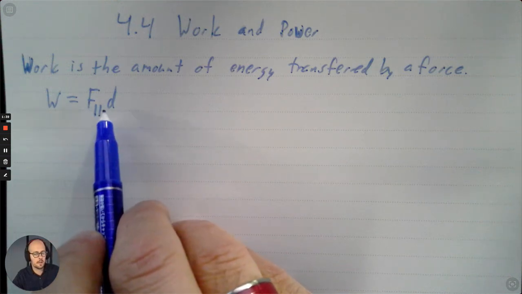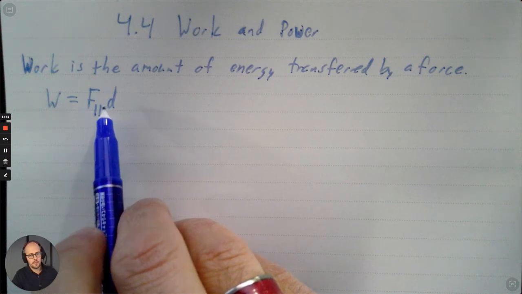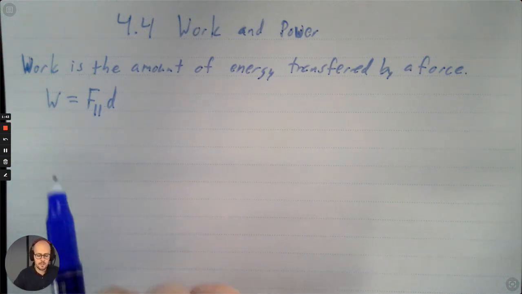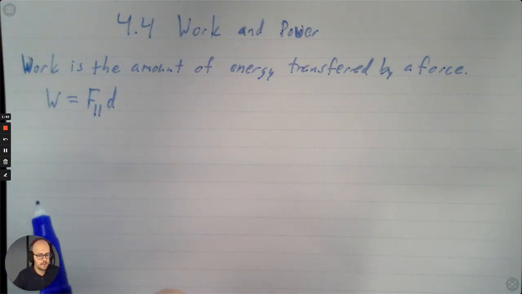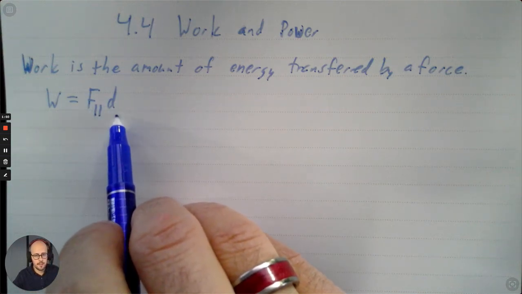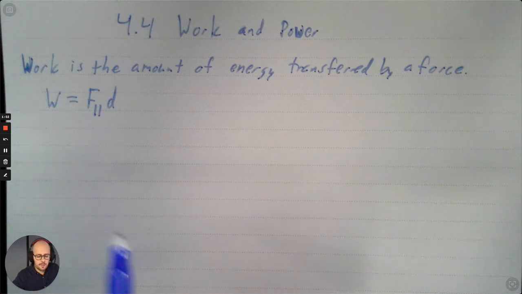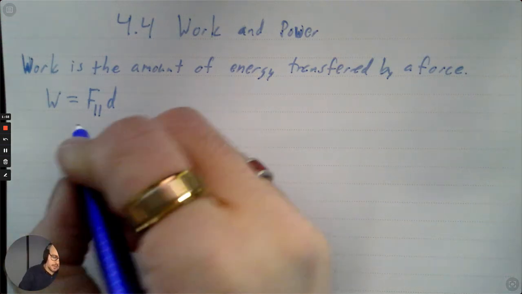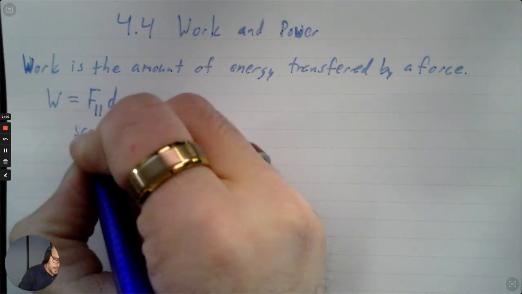Force and displacement are both vector quantities, and we have not multiplied vector quantities together yet, and so now we're going to do that. When you multiply two vectors together, there are two ways to multiply them. There's a way to multiply them so that you get a scalar quantity, and there's a way that multiplies them together to get a vector quantity. What we are going to do is the scalar product.